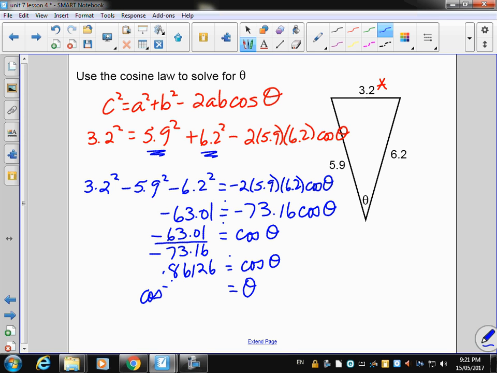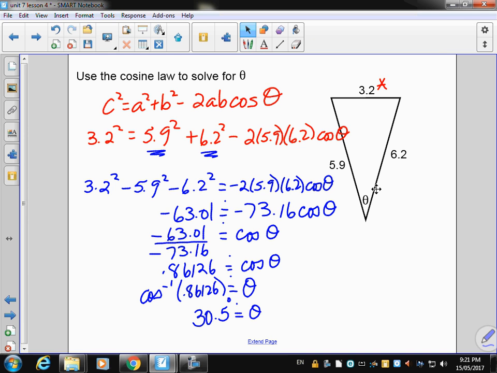And I will find my angle, which would be 30.5 degrees. So the big idea is it's a little bit harder to find an angle using the cos law, but in the same way we need to have the side at the beginning is opposite to the angle at the end. And then we just carefully get cos theta by itself.